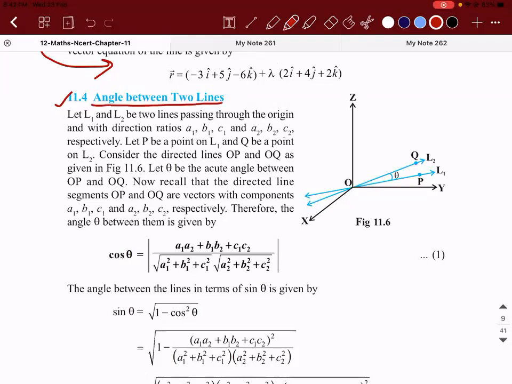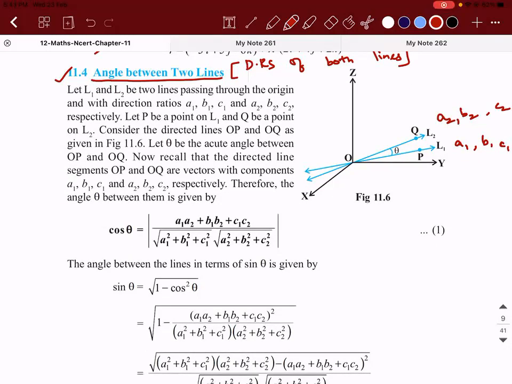When you need to find the angle between two lines, the data that you need to know is the direction ratios of both lines. So let's say the direction ratio of this line is A1, B1, C1, and the direction ratio of the second line is A2, B2, C2.